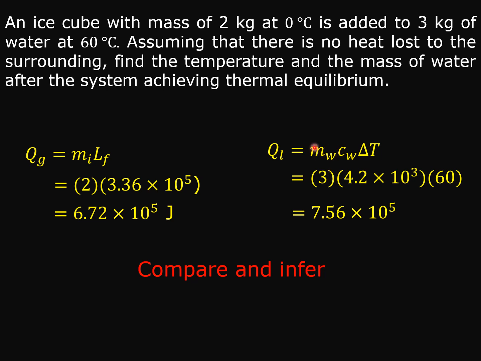The mass of the water is 3 kg and the specific heat capacity of the water is 4,200 joule per kg per Kelvin, and the change of temperature is 60 because the water's temperature dropped from 60 to 0 degrees C. So we have this value, which is 7.56 times 10 to the power 5 joule.